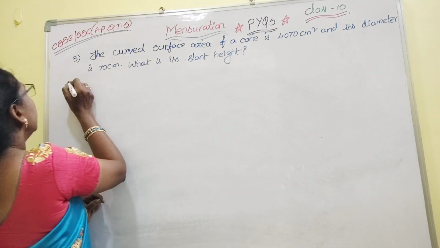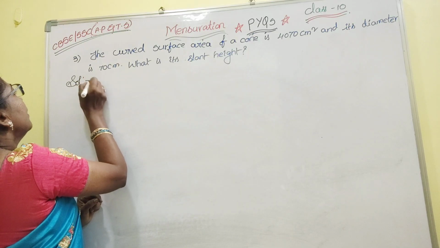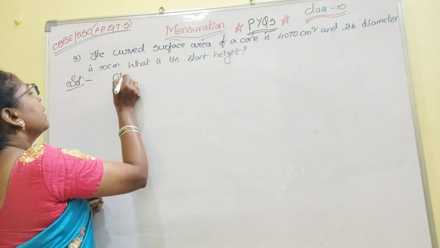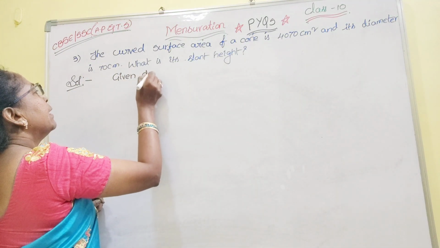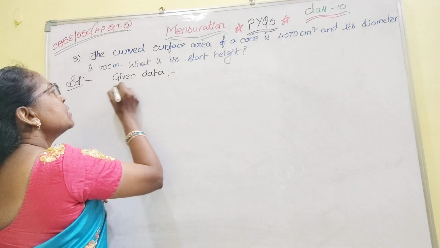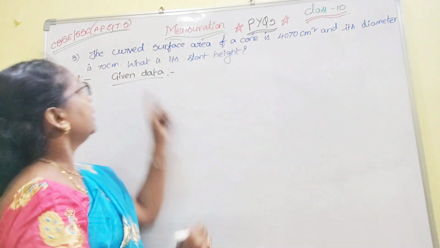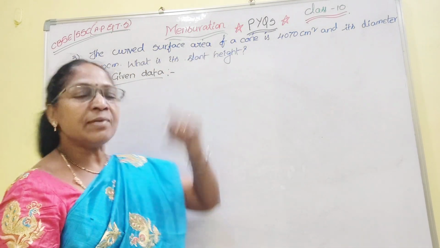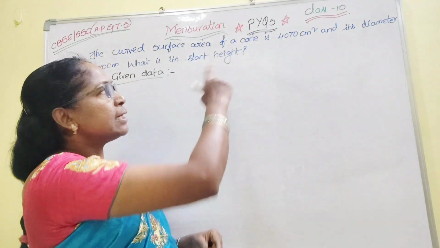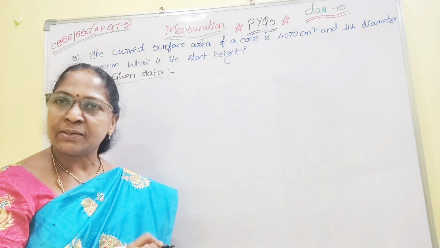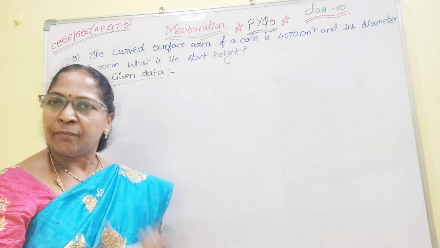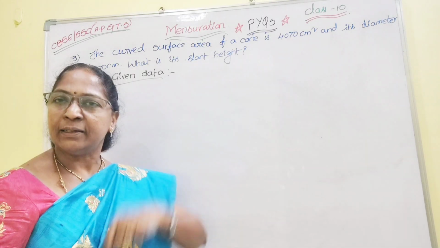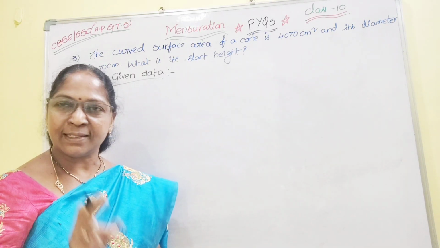First you have to write down the given data, or given dimensions. The curved surface area of a cone and its diameter are given. Using those two values, you have to find the slant height of the cone. Is it clear?